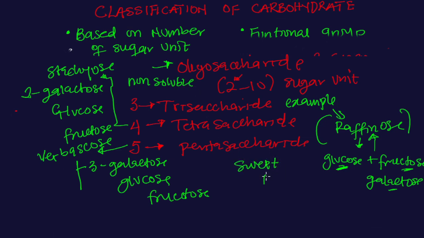A typical example is alpha limit dextrin, an oligosaccharide derived from the metabolism of starch in the body. It contains two bonds, alpha 1,4 glycosidic bond and also alpha 1,6 glycosidic bond. So that's just it about oligosaccharide.